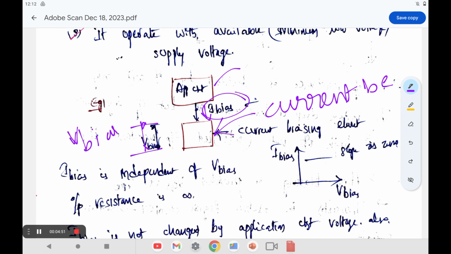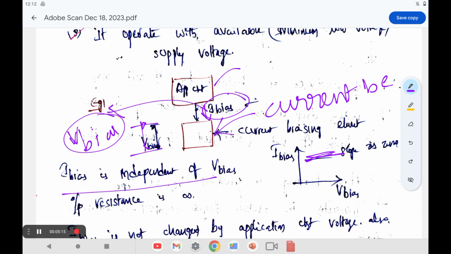Let us see here, if the biasing element is independent of V bias, then if you draw the characteristics with I bias and V bias, I bias does not change with V bias; it maintains a constant value.